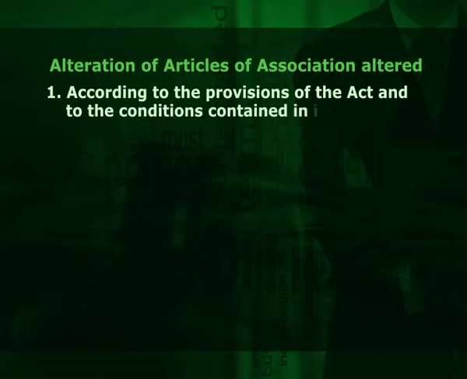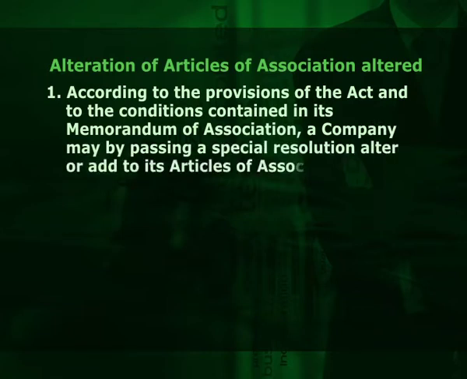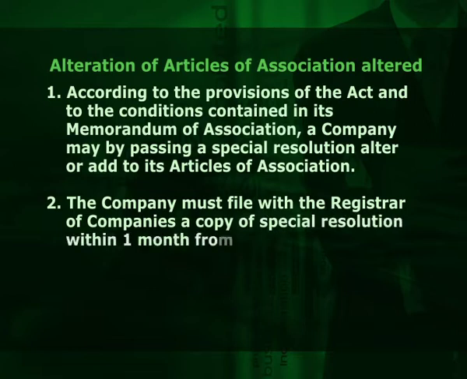First, according to the provisions of the Act and to the conditions contained in its Memorandum of Association, a company may by passing a special resolution alter or add to its Articles of Association. Second, the company must file with the Registrar of Companies a copy of the special resolution within 1 month from the date of its passing.